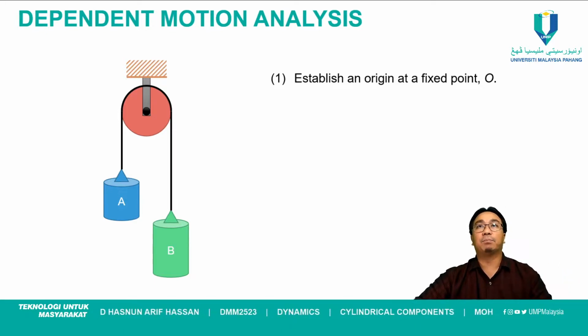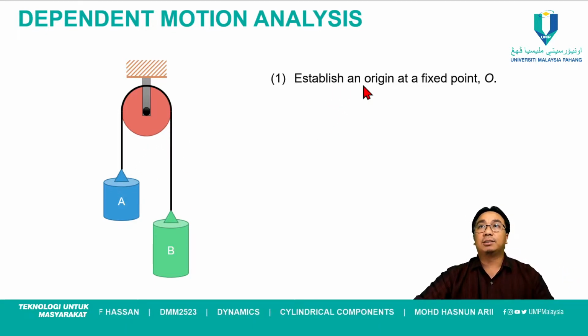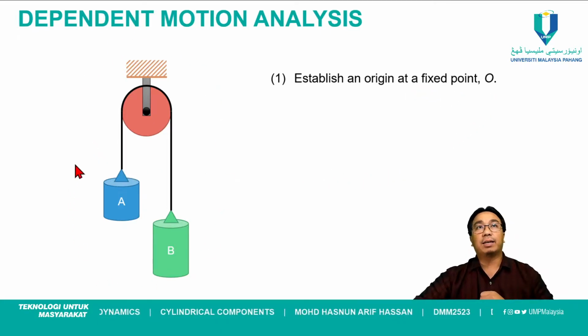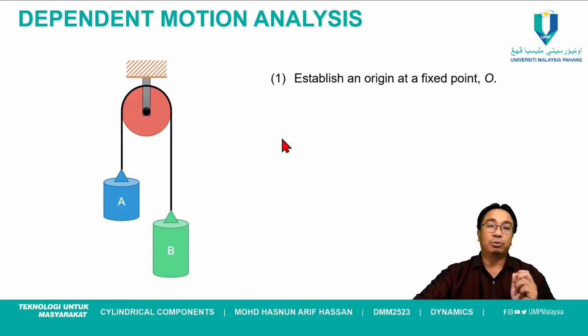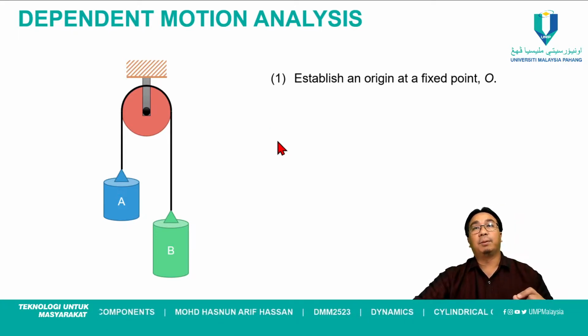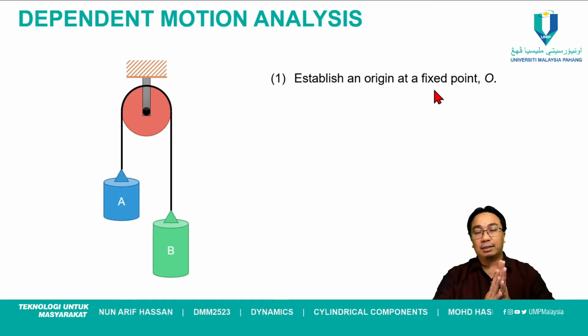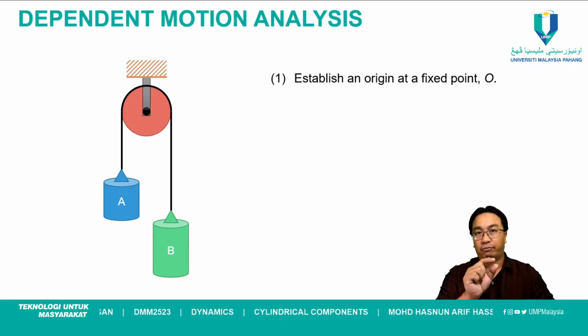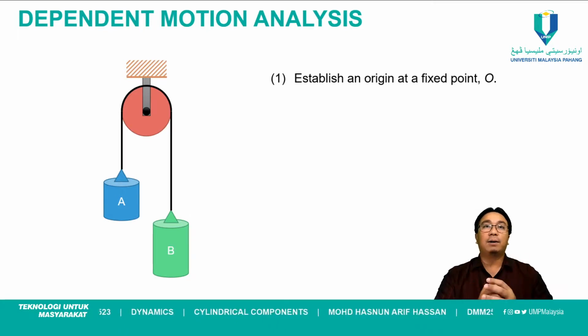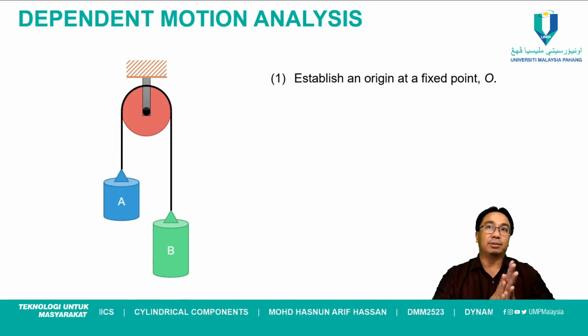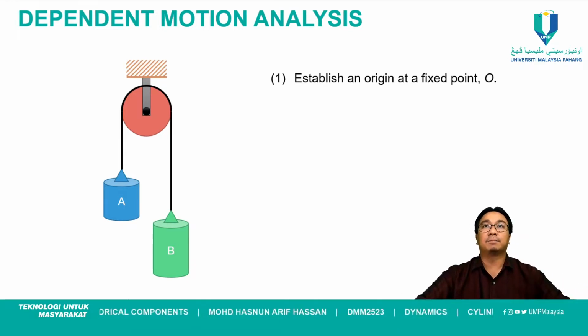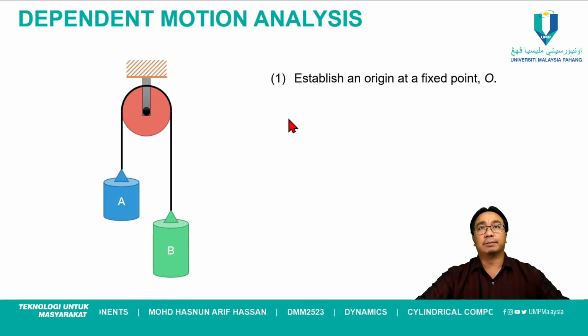Okay, step number 1 is to establish an origin at a fixed point. Okay, by looking at this figure, dekat mana yang you rasa origin yang kita boleh pakai? Origin ni mesti pada fixed point. So kita akan kena cari satu point yang fix, yang tidak berubah, dan kita kena set dia sebagai origin. Which point do you think is the best to set as origin? Point mana yang tak berubah?